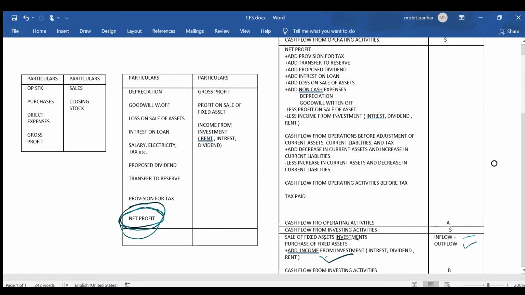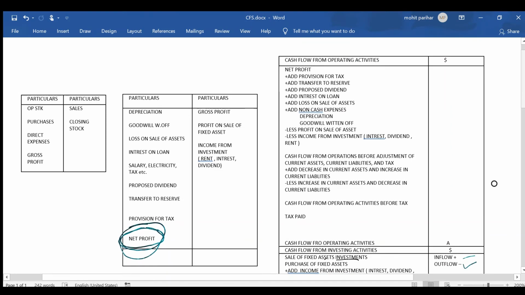So let's find out how we can find the cash generated from operations. Okay. So first we will write the net profit. Okay. And then we will add provision for tax. The reason we add provision for tax is that provision for tax does not involve any transfer of cash. It is just a provision made and it is a book entry. Making a provision for tax does not involve any payment of tax. Therefore, it is just a book entry and a non-cash item because there is no transaction of cash involved in making the provision for tax.